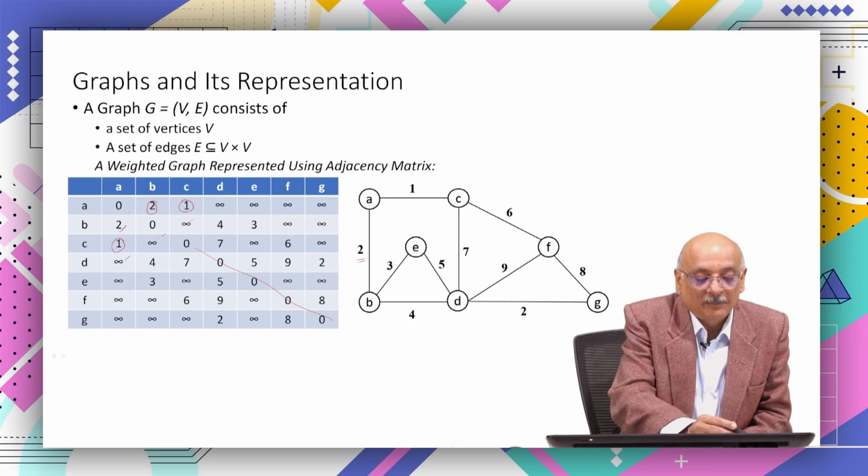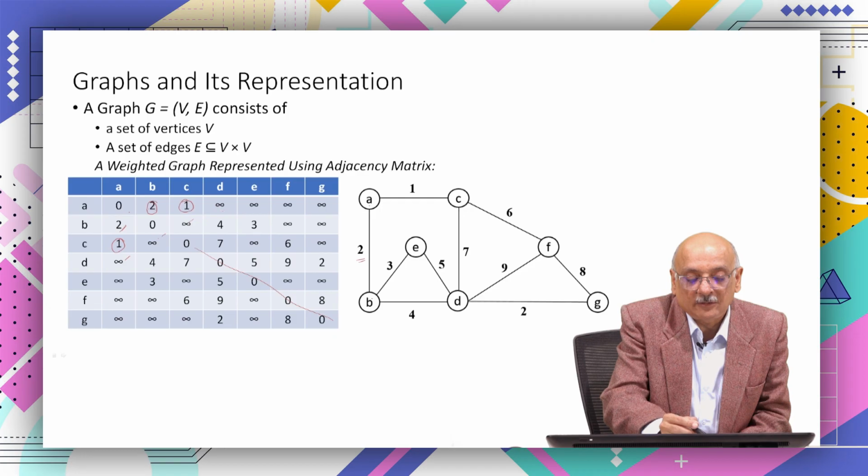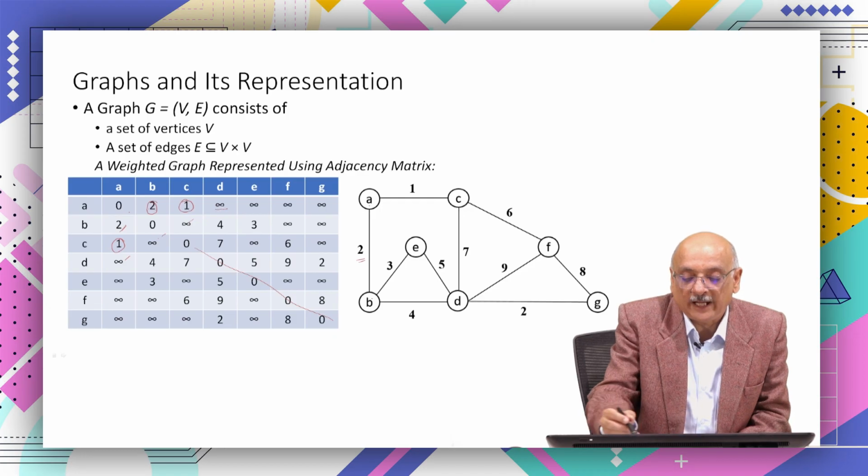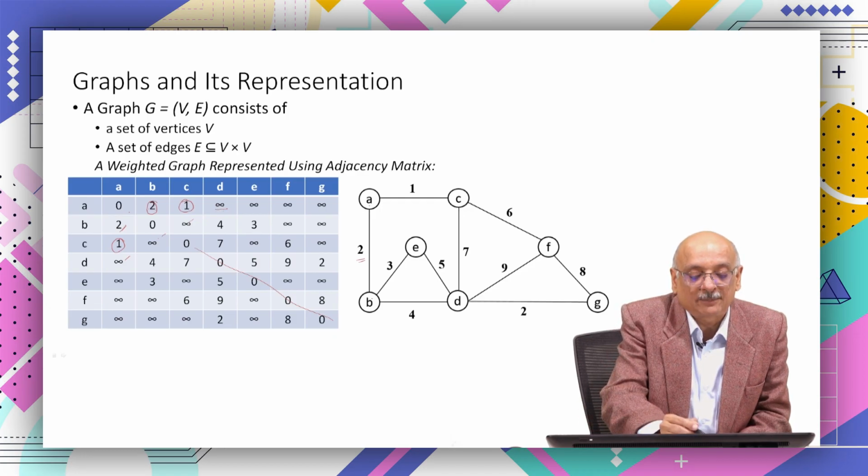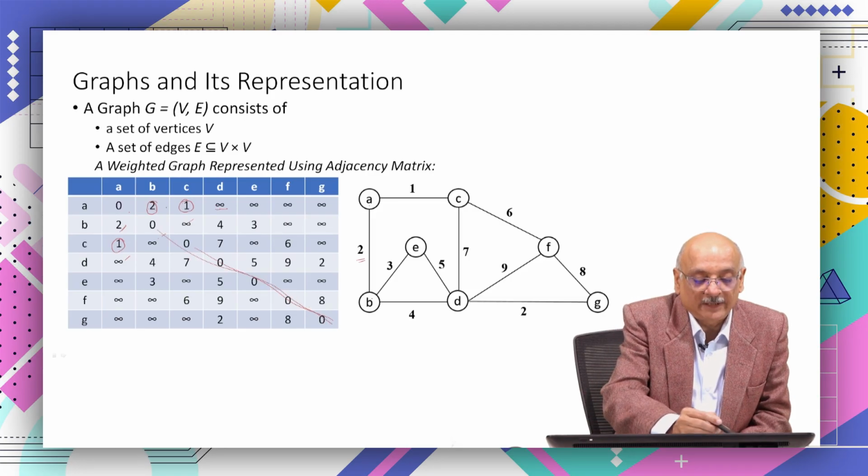For example, from vertex A to vertex D, there is no edge. That is why it is represented as infinity. You can see that this matrix has similar elements on both sides. So 4 is here, 4 is here.